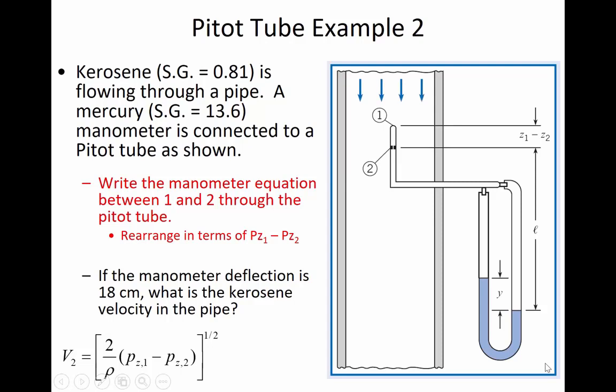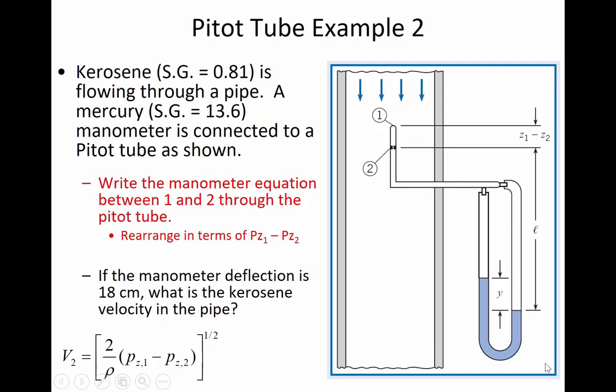Now, we've done a similar example before, where we started at one point in the manometer and worked our way through it to find the pressure at 1 in terms of the pressure at 2. You may remember, to begin with, pressure at 1 plus, and now we're working at 1 on the inside of the pitot tube and then through the rest of the manometer.